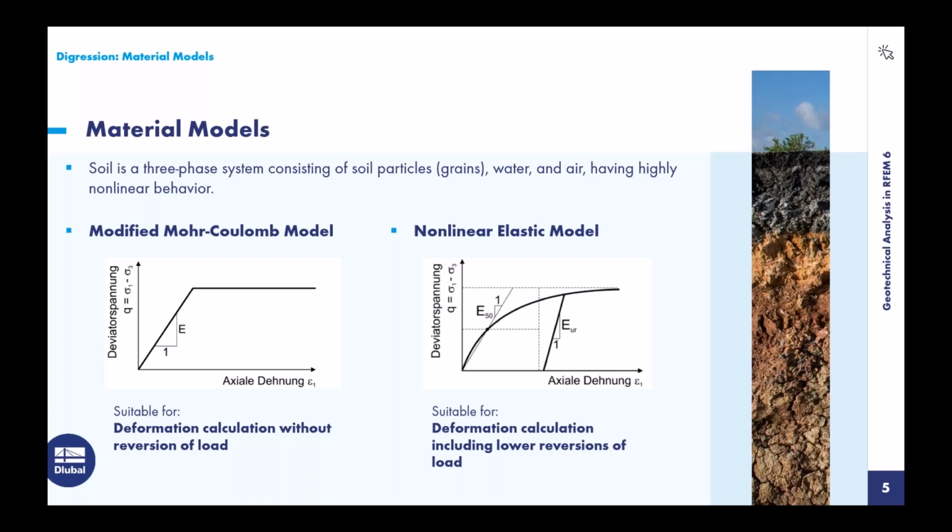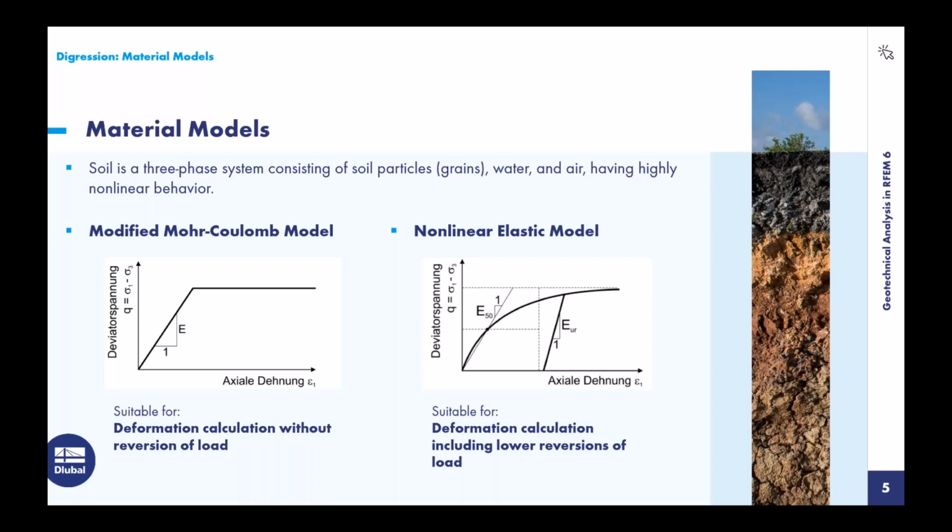For being able to model soil well enough, it is important that you have material models that are able to represent the most important soil behaviors. Therefore, we have in Rfem two models. We have the modified Mohr-Coulomb model and the nonlinear elastic model. We have three further models under development, but this will be told in the prospect more in detail.